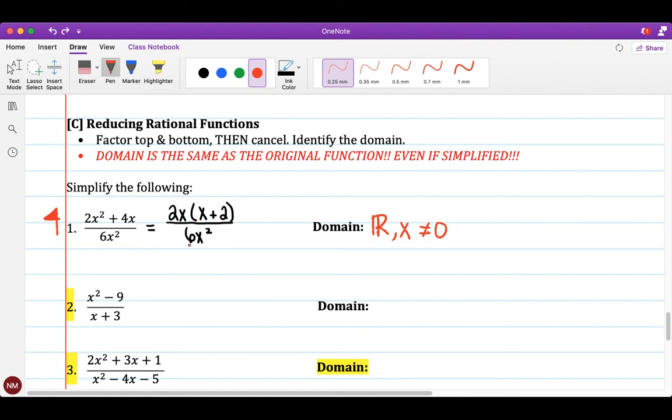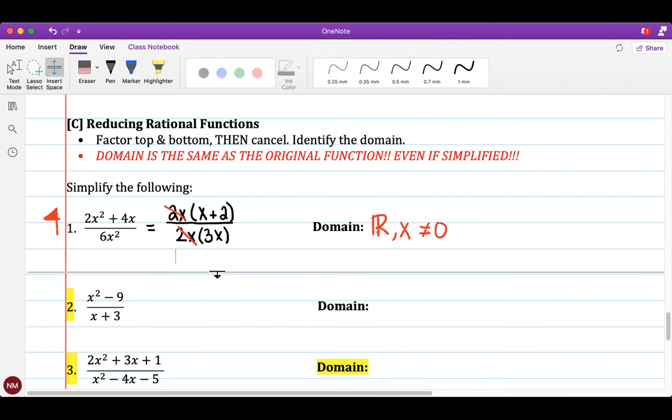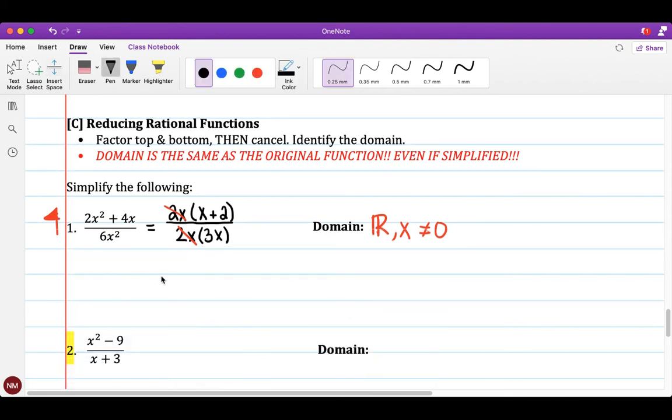Technically speaking, I can rewrite this as 2x times 3x, right? 2x times 3x is 6x squared. And then the 2x on top and bottom go away. So my simplified expression is going to be x plus 2 over 3x.